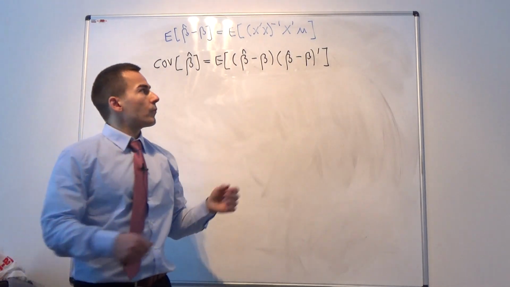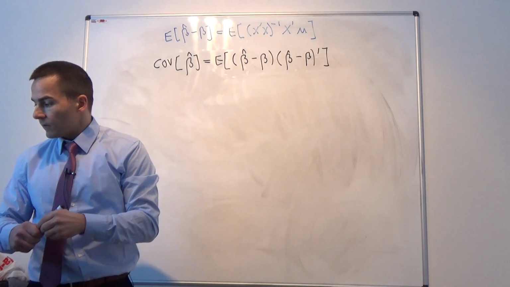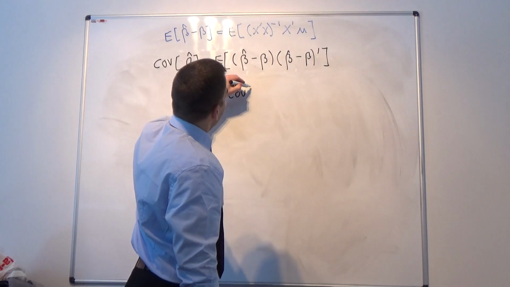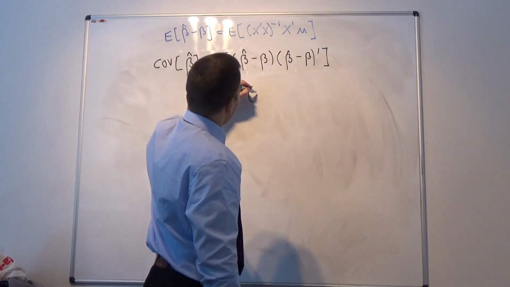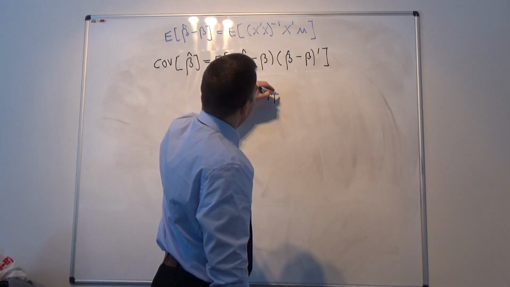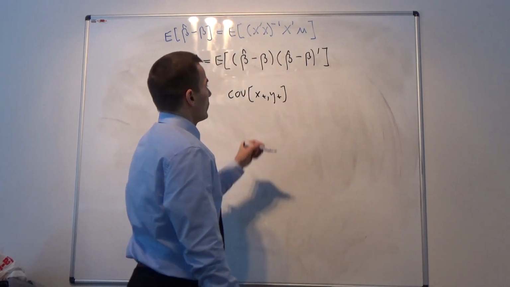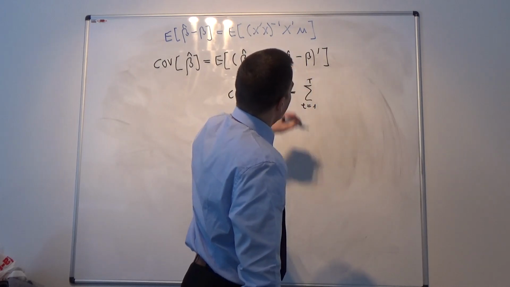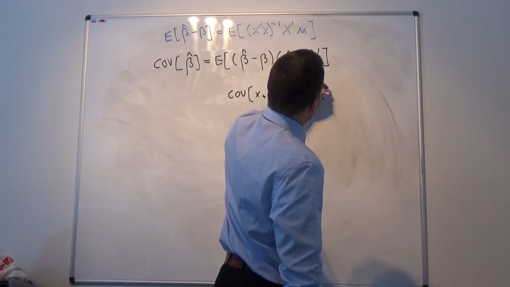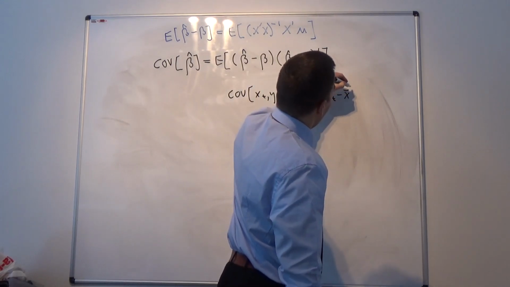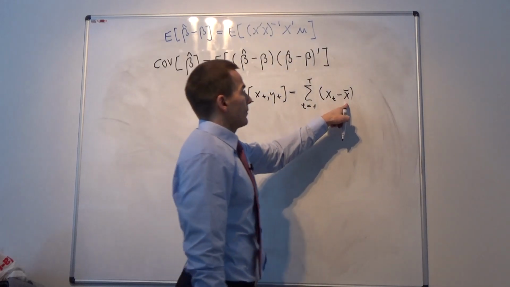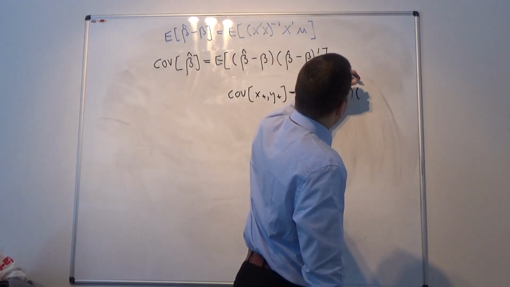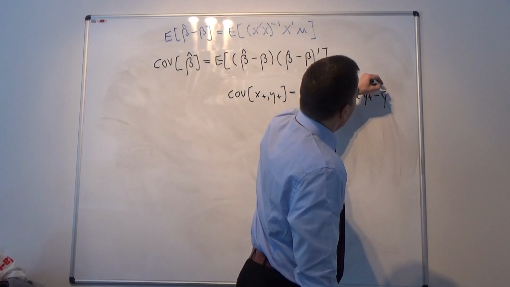And you know from statistics classes that the covariance of, let's say, xt and yt, if we take the sample covariance, how is it defined? It's the sum from t equals 1 to capital T of xt minus x bar, which is the sample average, the sample counterpart of the expectation, times yt minus y bar.